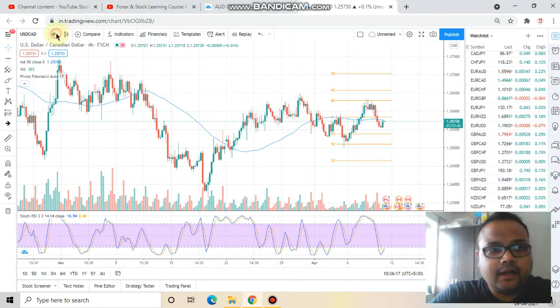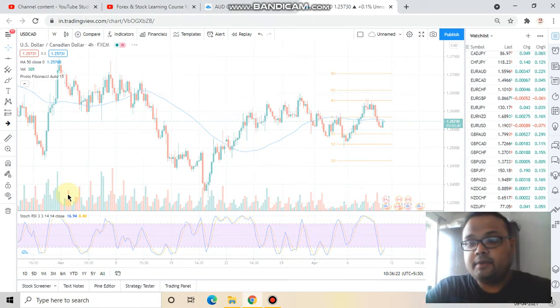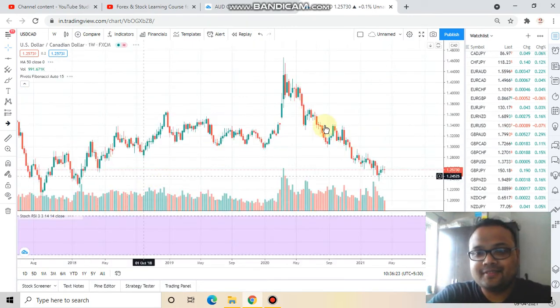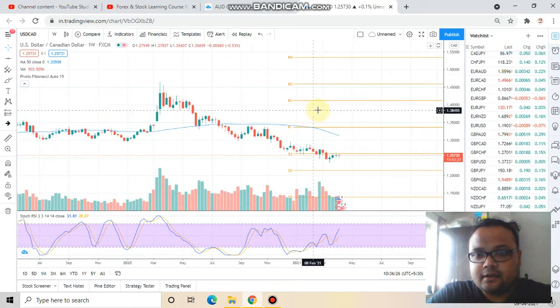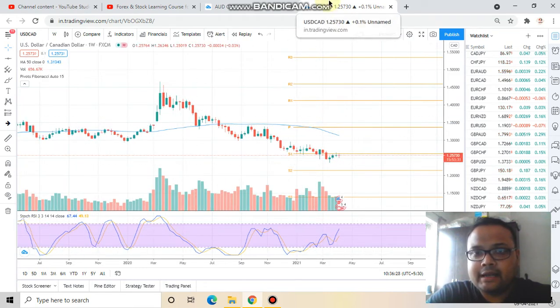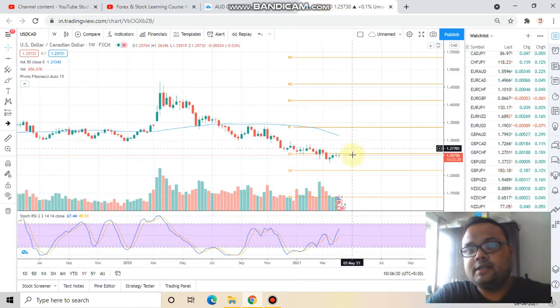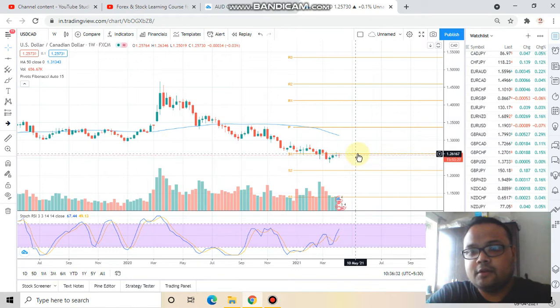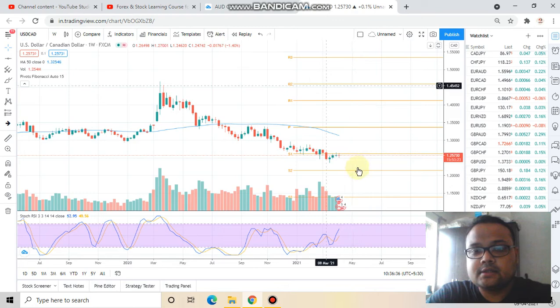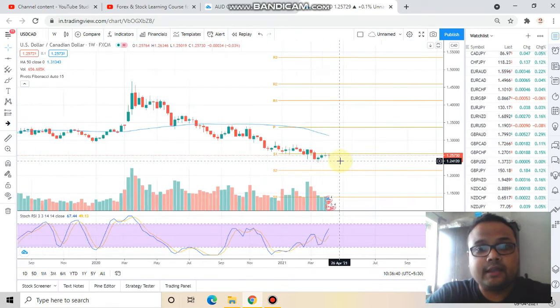but we have the answer in the weekly time frame. Okay, the time frame of the bigger players, the big boys. We can see that this is the weekly time frame, and market is getting resistance from this level 1.2616 for the last 3 weeks. Previous week also market tried to cross the resistance, but market failed.